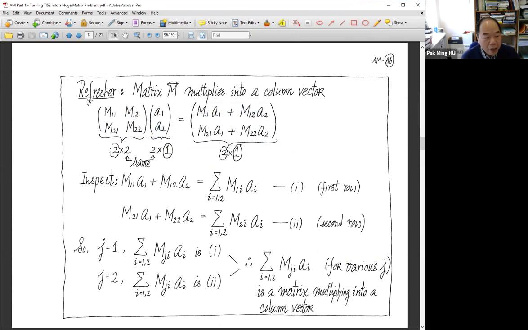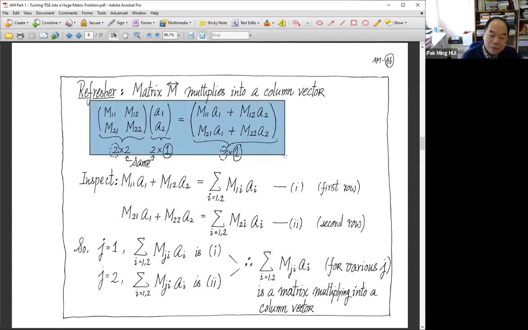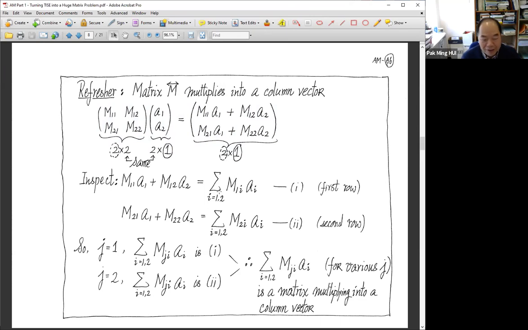So we have a common footing here, right? Now, write it in some less transparent way, unfortunately. So the first row up here, see my cross, okay? Actually can be written as a summation M_1I A_I, okay? The second line, similarly, is a sum over I, but the first index, what we are going to call J, will be 2.